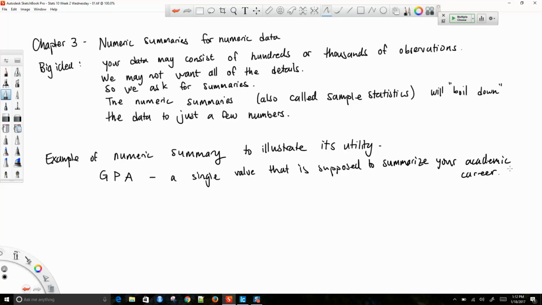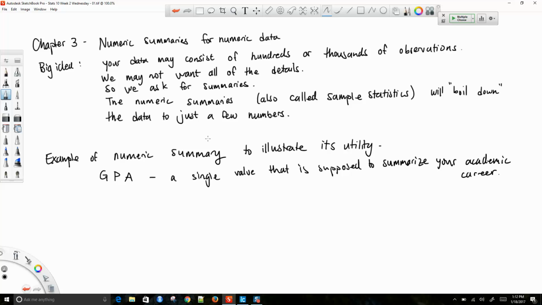But if you are an admissions officer at a university or a graduate school or something, you might not be interested in all of the details when you're trying to make quick comparisons across thousands of students, okay? And so in that regard, the GPA is useful in that this single number does give us a picture of a student's academic career, okay? So it cuts both ways.